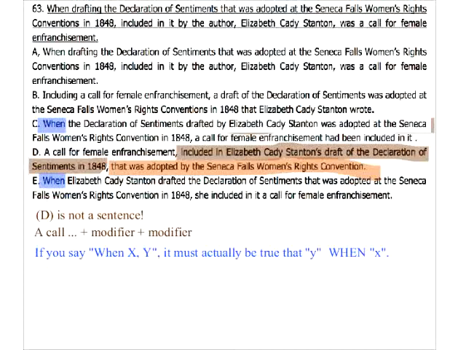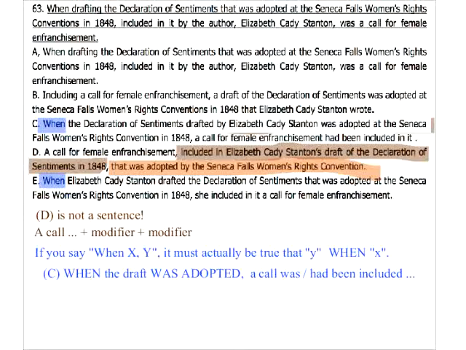In other words, the time frames have to match. So let's look at what they're saying. What's the message in C? C is saying that when the draft was adopted, a call was, or whatever had been, included.